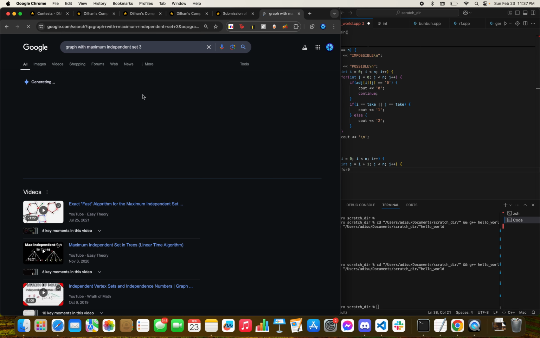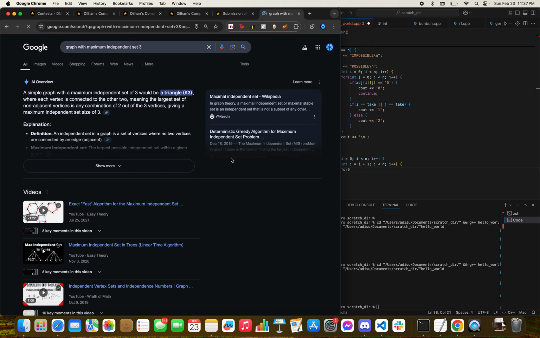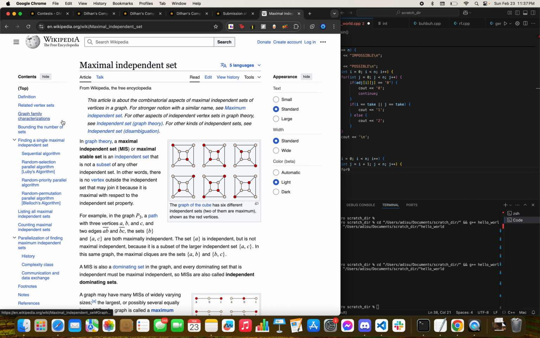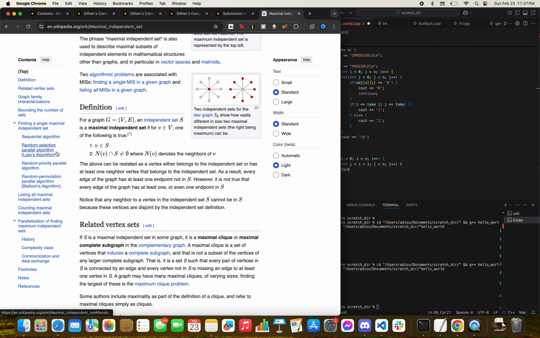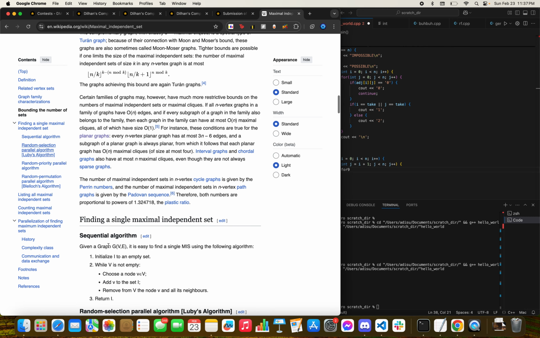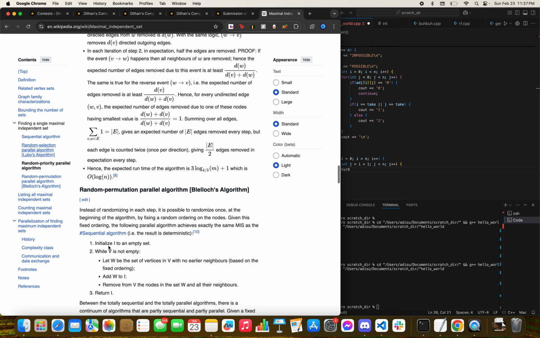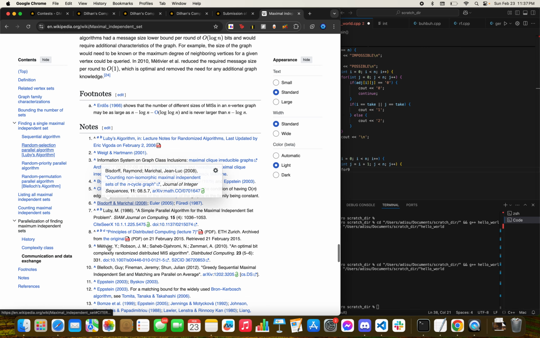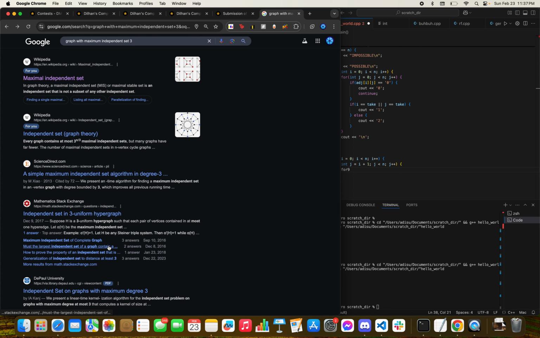Do these graphs have any properties? This is just algorithms, it's not interesting.